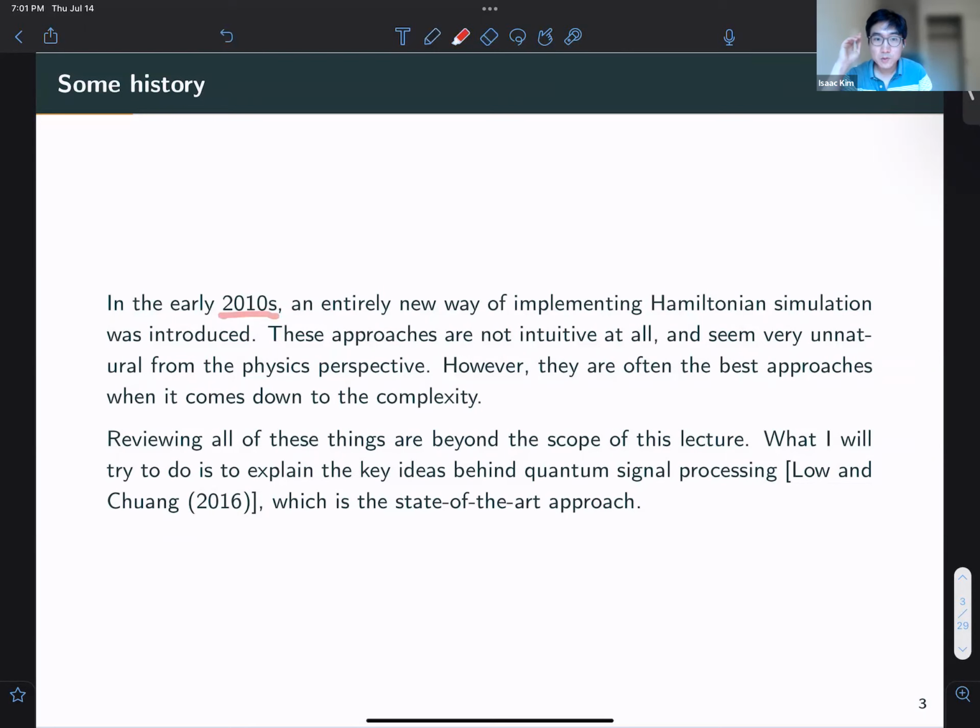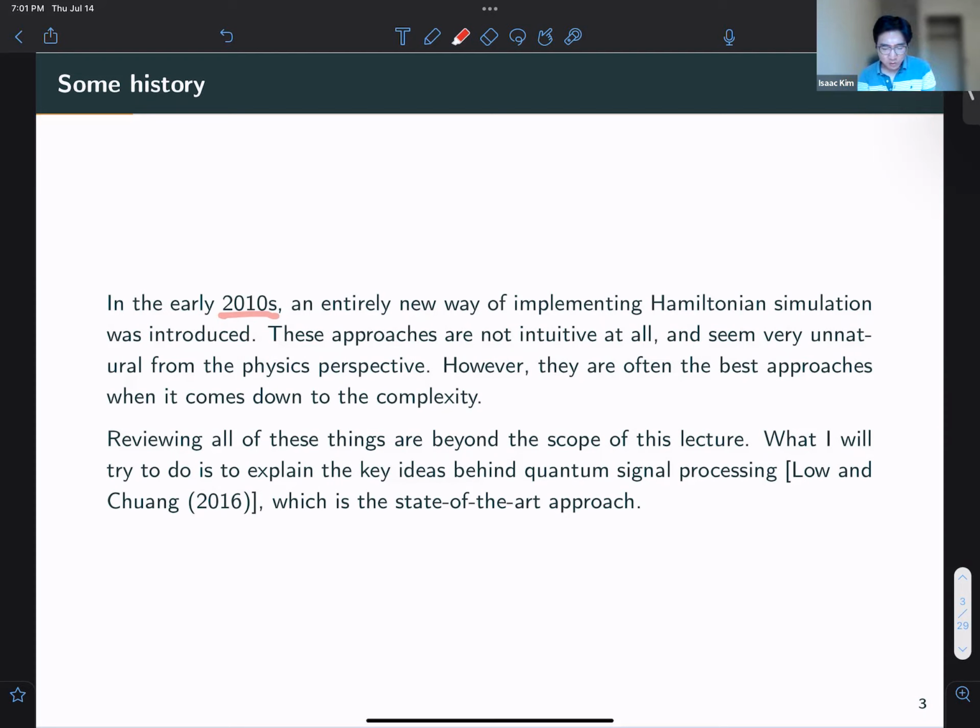From the physics perspective, you would think that if you want to implement time evolution, you would try to just emulate nature and apply an infinitesimal version of the time evolution very accurately. But these new approaches essentially work by effectively applying a non-unitary operation, which seems like a very strange thing to do.